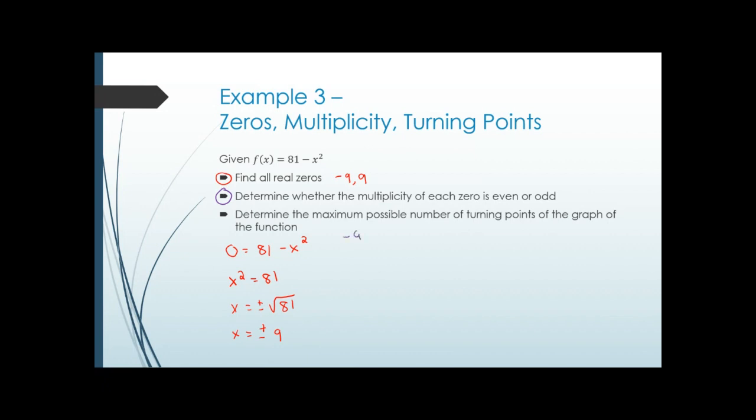Because they're listed one time each, they have odd multiplicity, because 1 is an odd number. What this means if we were to graph this is that the graph would go through these points on the x-axis. It wouldn't bounce off of them.